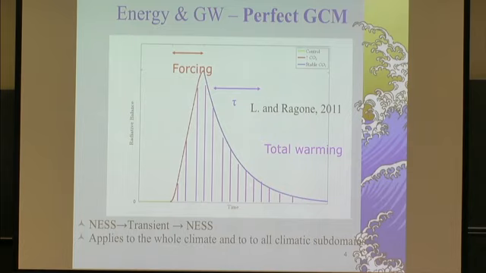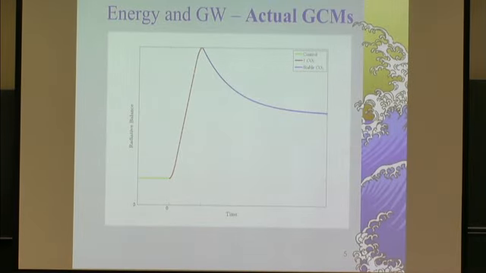We have a transition between a non-equilibrium steady state and another non-equilibrium steady state in the infinite future, through a transient. This is a pretty basic concept, but what we find is that the behavior of many models is more like this. There are biases in the initial steady state, where we should have on average a zero balance, and it's not clear whether in the future climate the bias will be there or not.